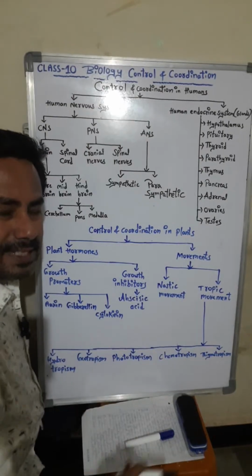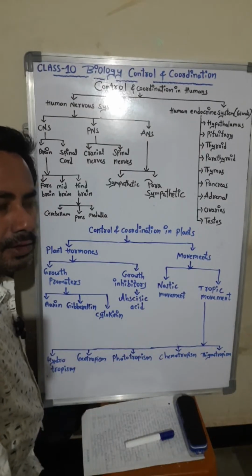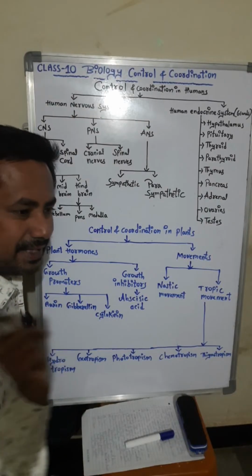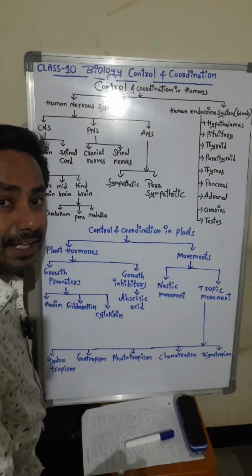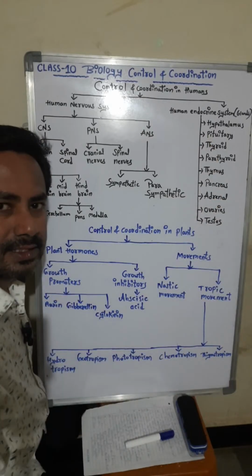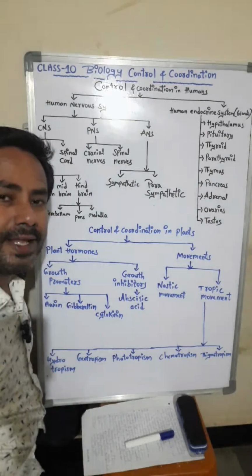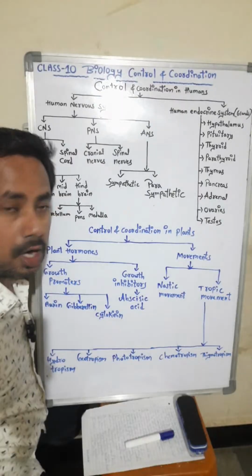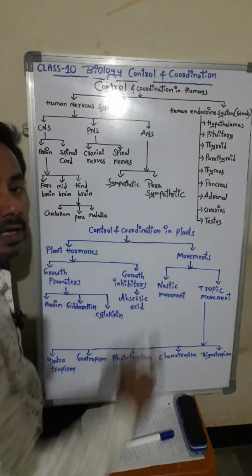Endocrine glands are a few specialized groups of cells. They release some secretions, chemicals, and they are important for so many things. For growth of our body, we need those hormones. Hormones are secreted by these glands.